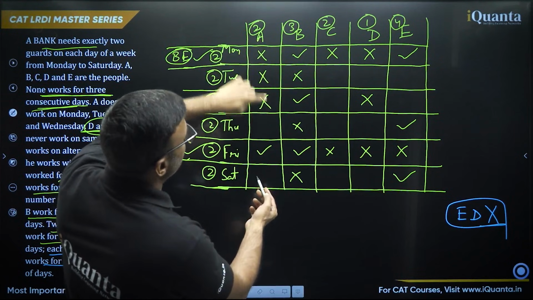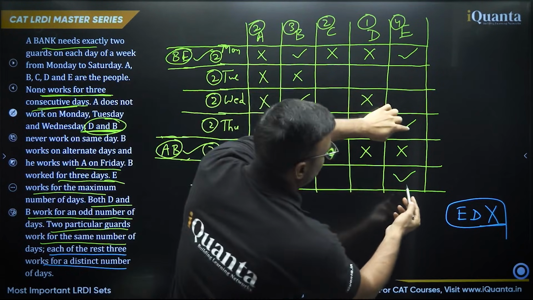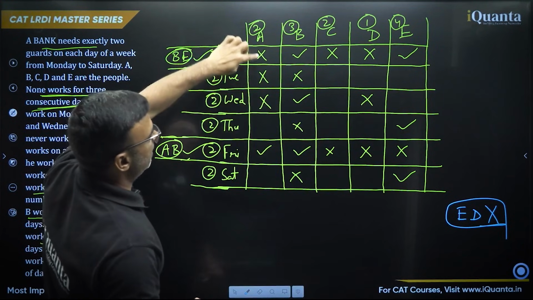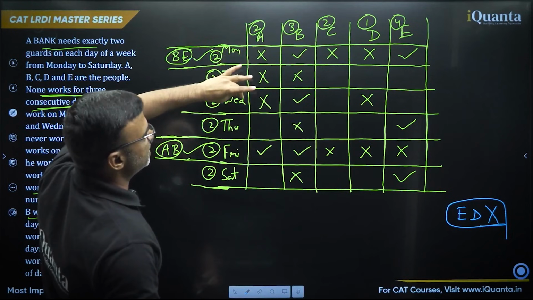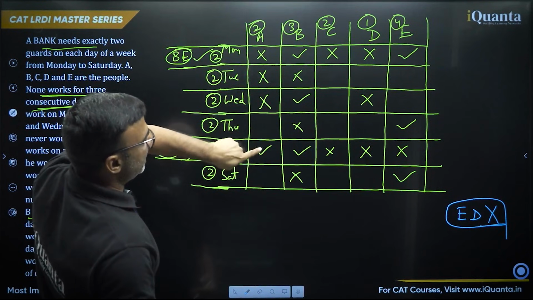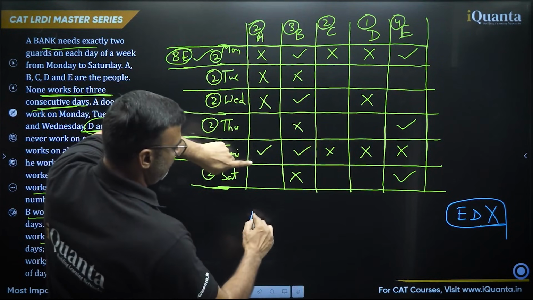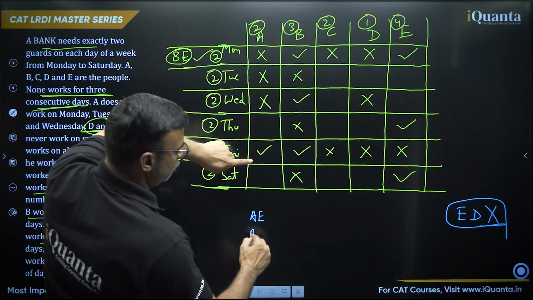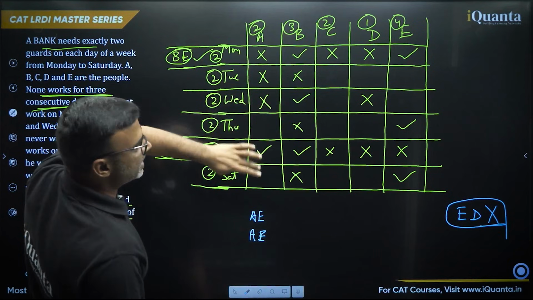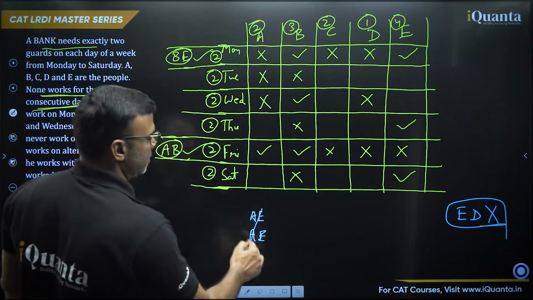Out of this, A can work only one day, because if A and E want to work together, see here A is not working at all on Monday, Tuesday, Wednesday. Friday A is working, but that day E is not working. So if A and E want to work on 2 days, it will be Thursday and Saturday both, which is not possible because A has already worked for 1 day. So this is also not possible.